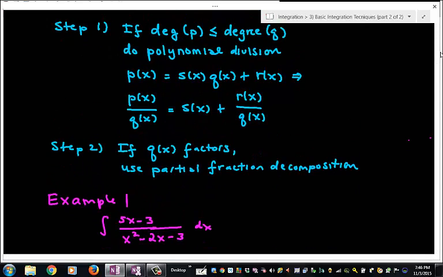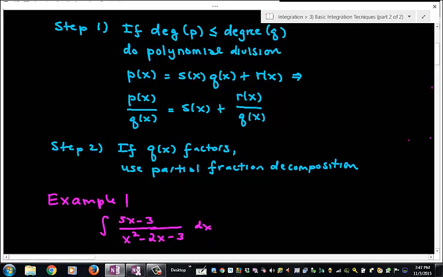So suppose I want to integrate 5x minus 3 divided by x squared minus 2x minus 3. I notice that both conditions are satisfied for doing partial fraction decomposition. That is to say, the degree of the polynomial in the numerator is less than the degree of the polynomial in the denominator, and also the polynomial in the denominator factors.